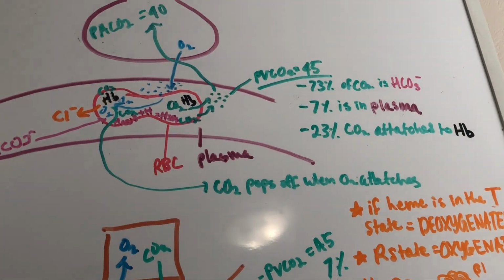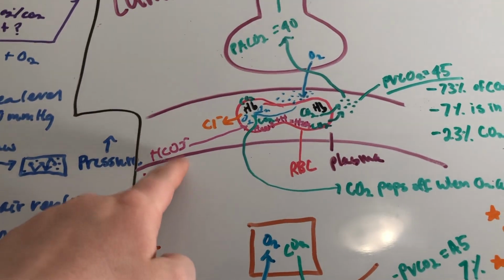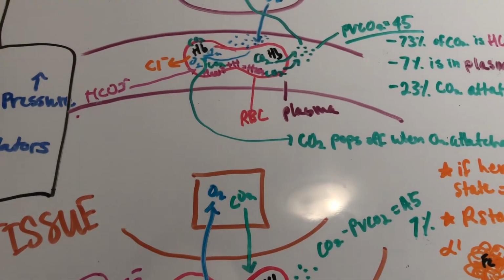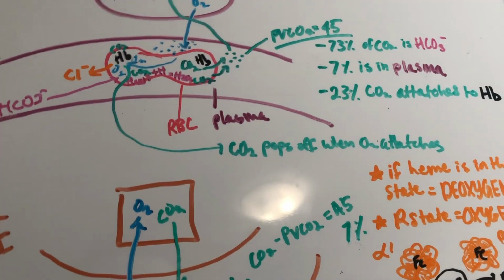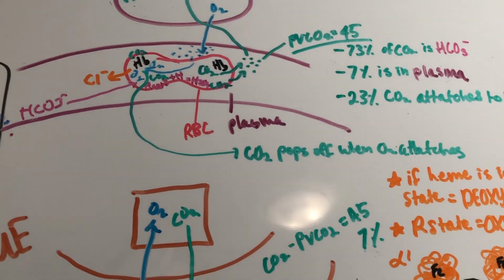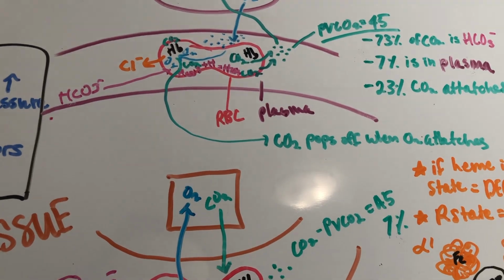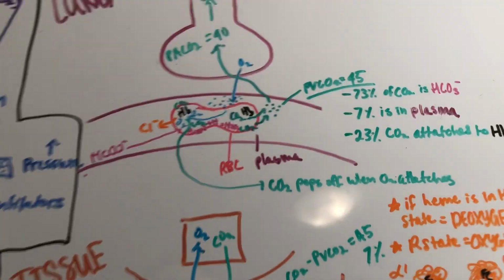So here are some numbers that we need to know. 73% of CO2 is associated with this bicarb, this HCO3. 7% is in the plasma, and then 23% of CO2 is attached to the hemoglobin. So CO2 pops off when O2 attaches, so it's one or the other attached to the hemoglobin.